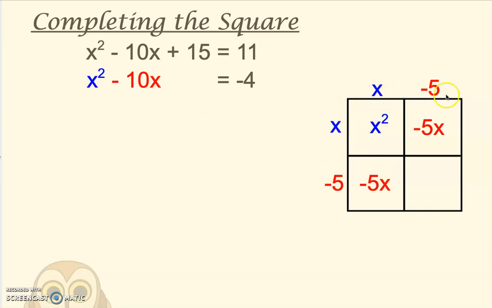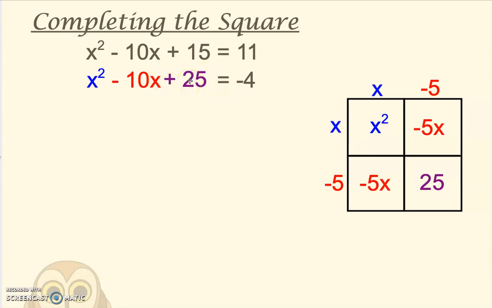So if you notice, this side is equal to that side. Now, to complete the square, what would this box here have to be? Well, this box here has one side negative 5, has another side negative 5. It would have to be 25. So to complete the square, I need 25 added to the left side.